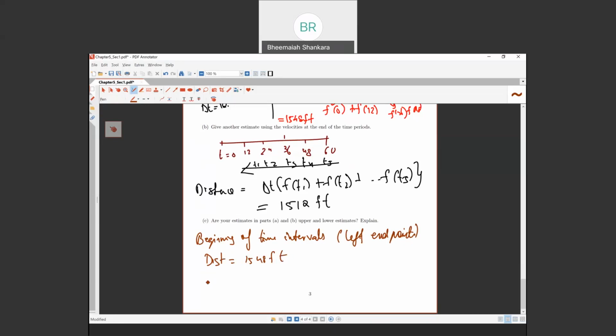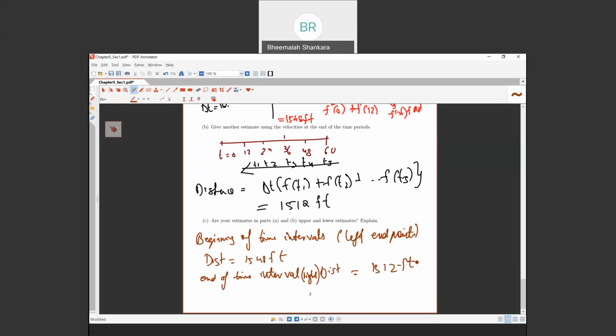And at the end of the time interval, all we have is distance equals, and we use the rightmost endpoints, distance equals 1512 feet.